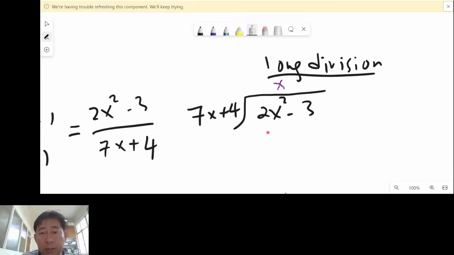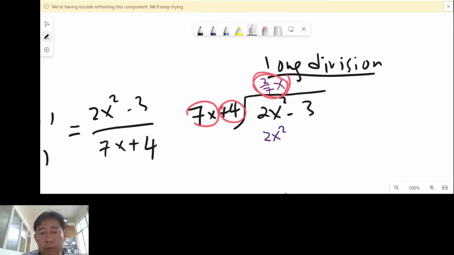You multiply 7x plus 4 by 2 over 7 times x. The factor of 2 over 7 will get rid of the factor 7 and replace it by 2. So you get 2x squared. But don't forget, when you multiply this with 7x, you also have to multiply it with the plus 4.